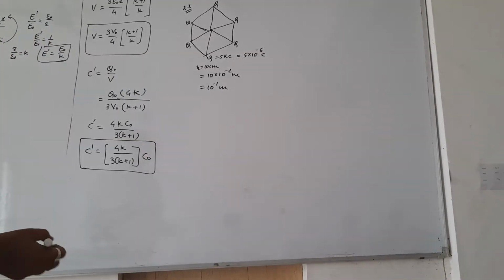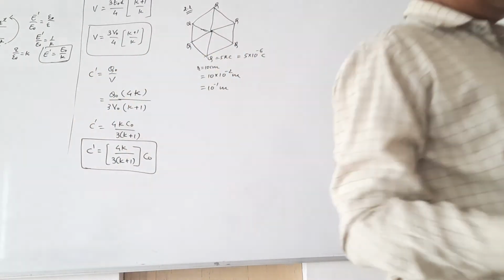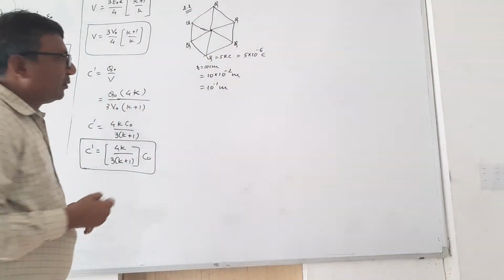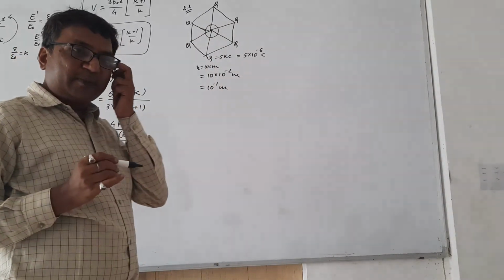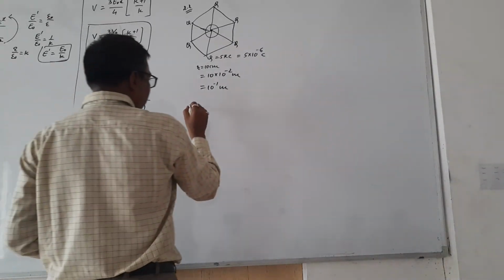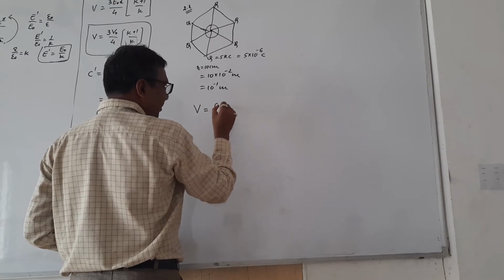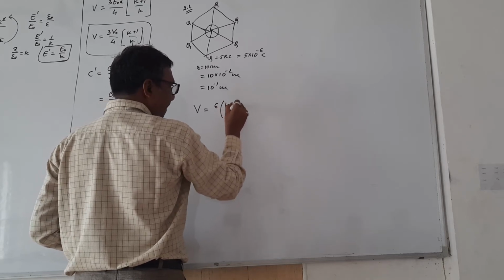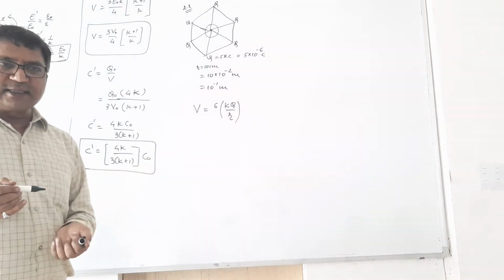It's very easy. And how many charges are there? 6. And the distance is already the same for each charge. You want to find out the potential at the center. So the distance from the center for each charge is the same. So that means your potential V is equal to 6 times KQ upon R, because we have 6 charges.